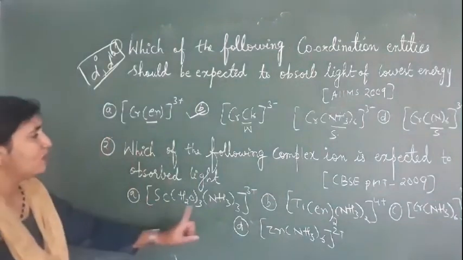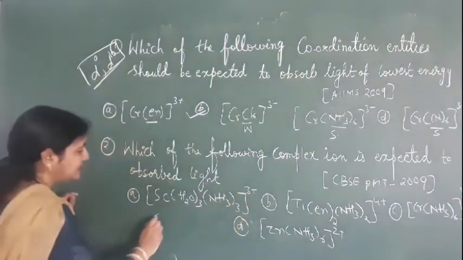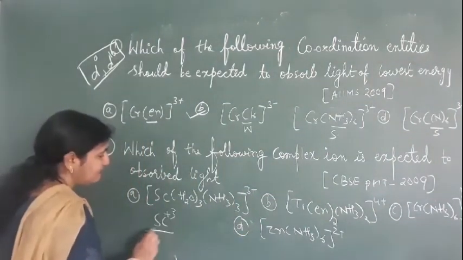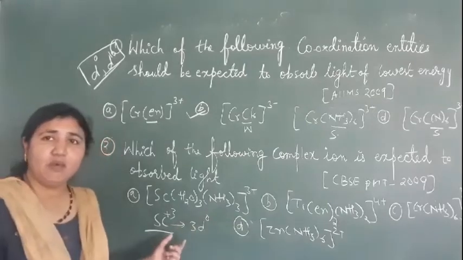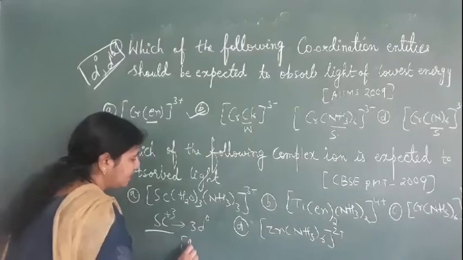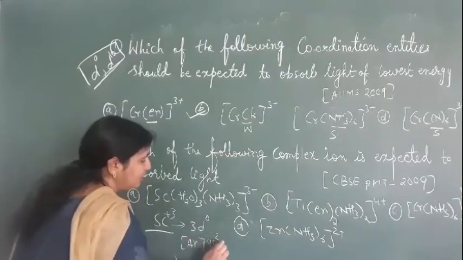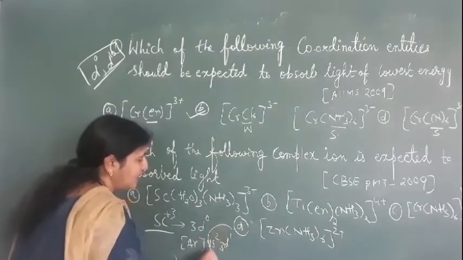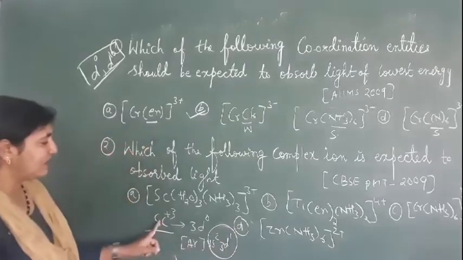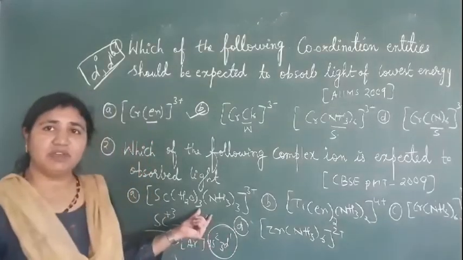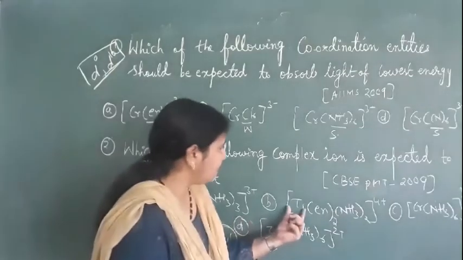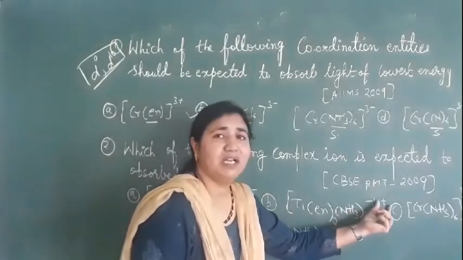So see here now. Scandium plus 3 means 3d will be what here? 0. Scandium is atomic number 21, electronic configuration argon 4s2 3d1. All 3 electrons are removed, so plus 3 means 0 electrons here, so they will not absorb light. Second is titanium 4 plus.